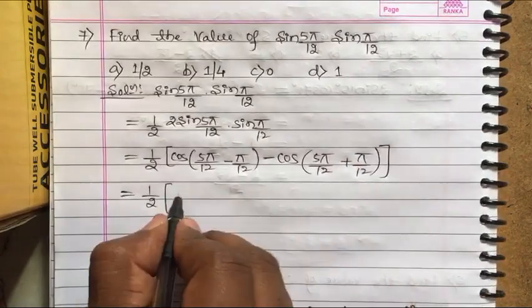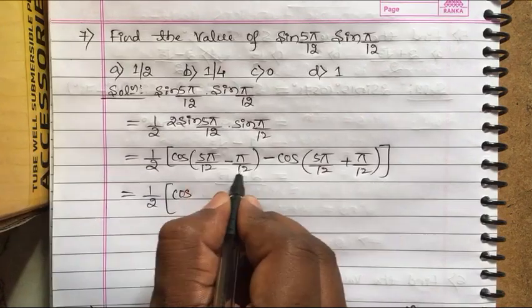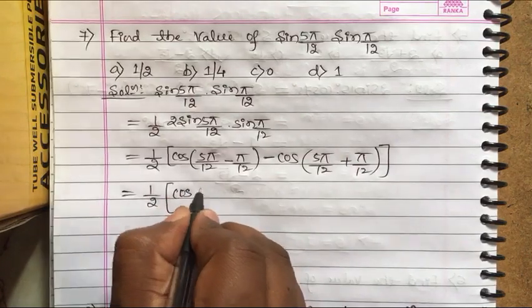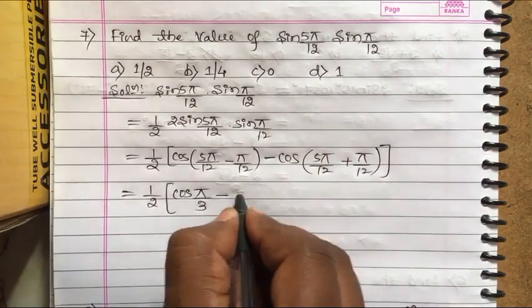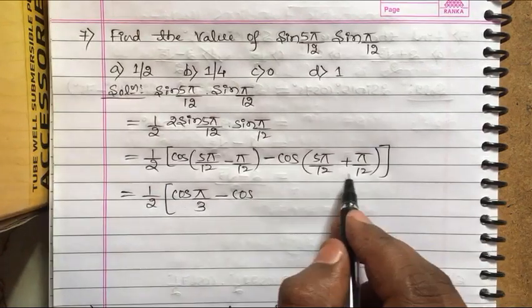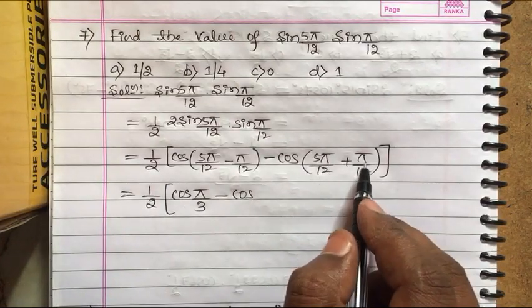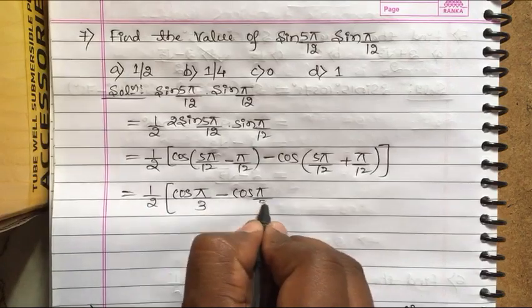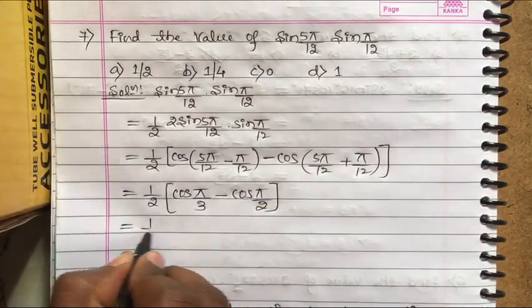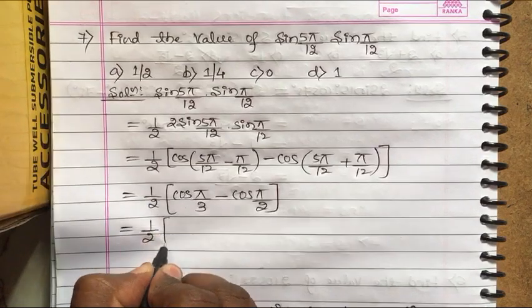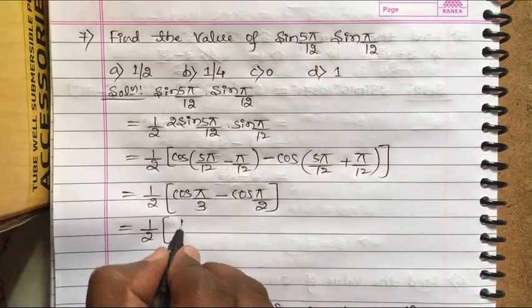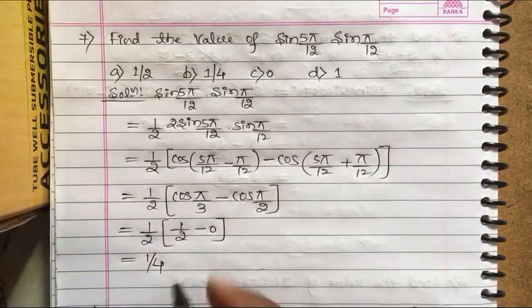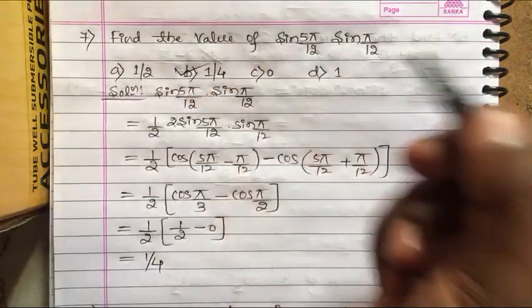Here the LCM will be 12. 5 pi minus pi will be 4 pi, 4 pi by 12 will be pi by 3, minus cos of 6 pi by 12, we get cos pi by 2. So 1 by 2 into cos pi by 3, which is nothing but cos 60 degree, that is 1 by 2, minus 0. The answer is 1 by 4. So it is option B.